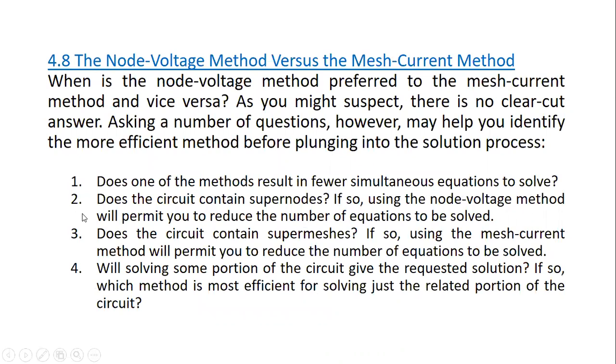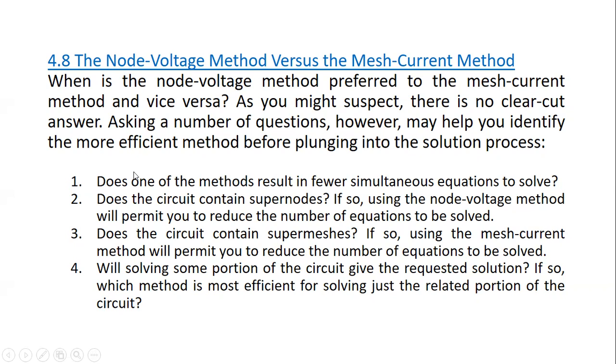Okay, now we are done with 2 methods so far, which are the node voltage method and the mesh current method. So we need to see how we select the method if we have the choice to use any method to solve any circuit. So we will see when the node voltage method is preferred, or vice versa, when the mesh current is preferred.